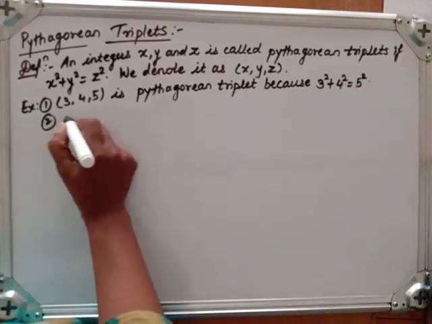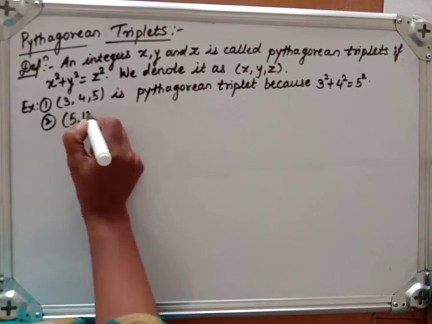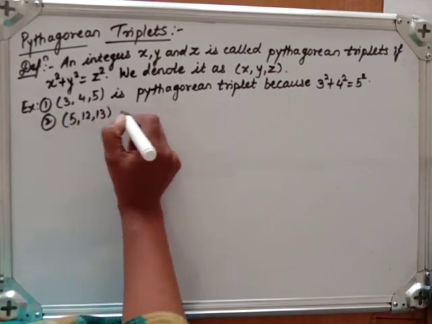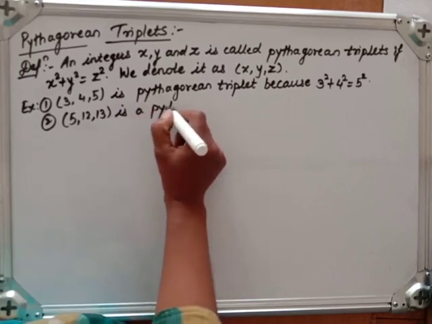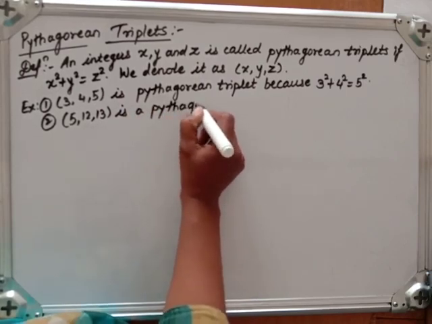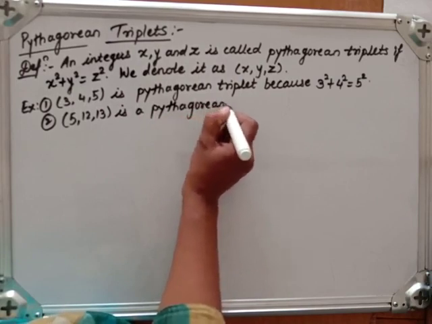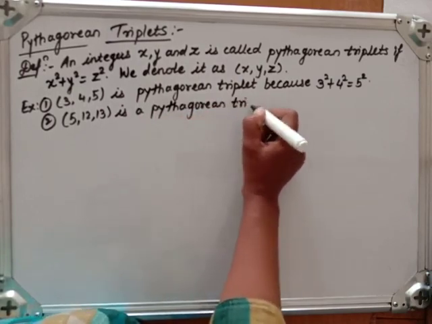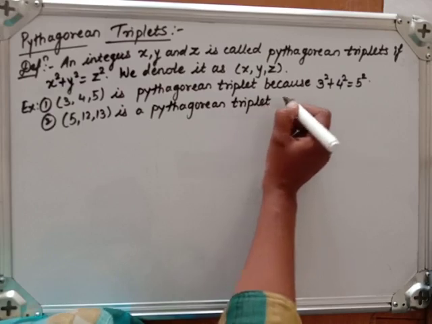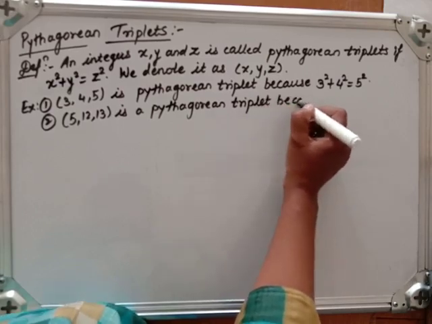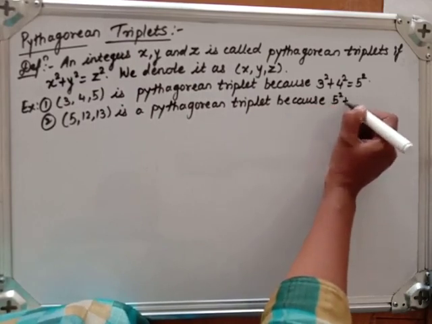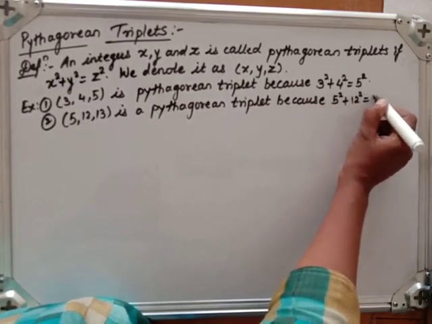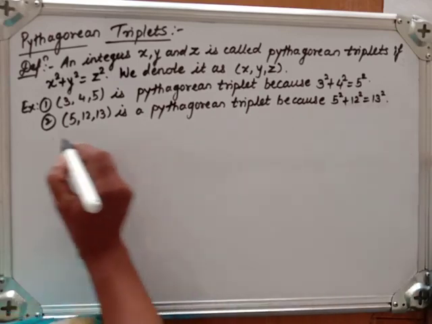Second, (5, 12, 13) is a Pythagorean triplet because 5 square plus 12 square is equal to 13 square.